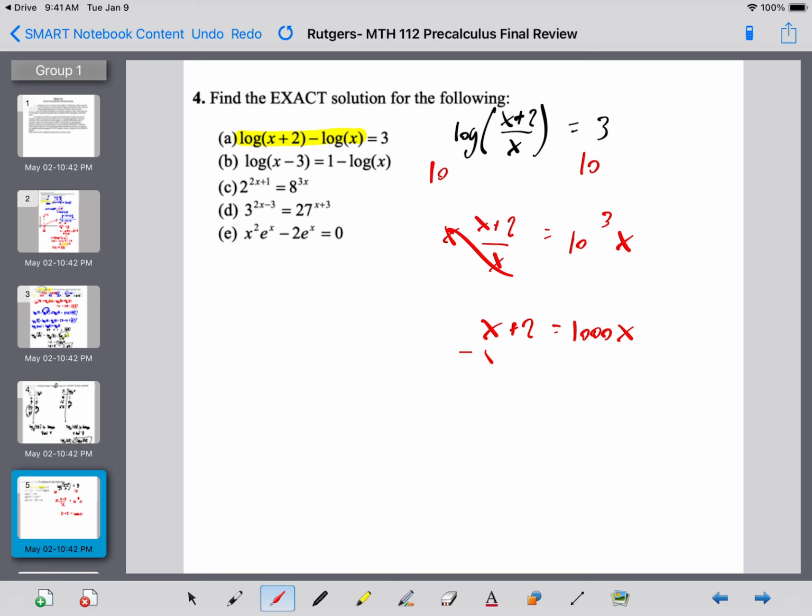I'll subtract x. So I have 2 equals 999x. And then I would divide by 999. x equals 2 over 999. Check that. Yeah, that's right.